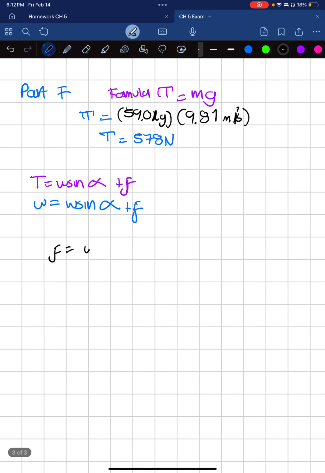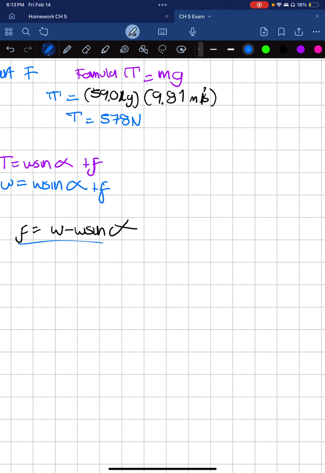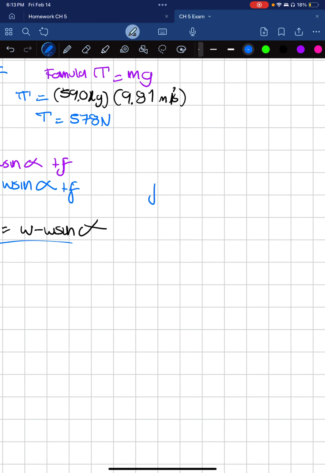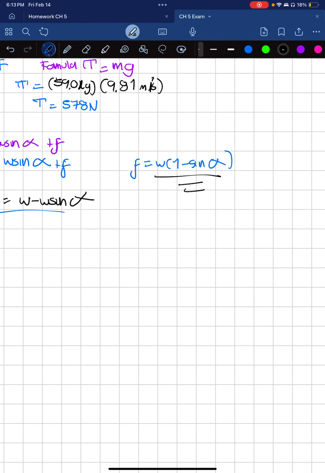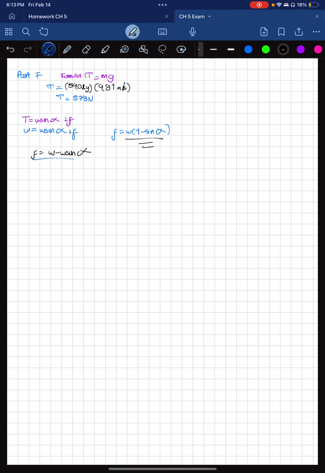So we put this to the other side. This is going to be negative, with our angle right there. So we get that our friction force is the following. If we had real numbers in this case, we could just plug them in right here. But since this is a theoretical question, we don't really have to do that.